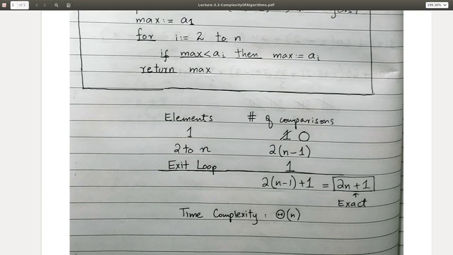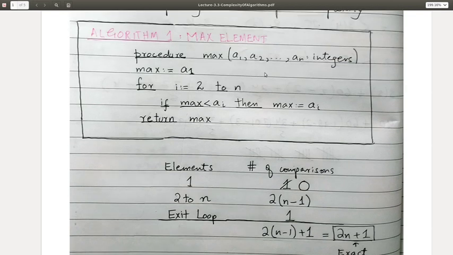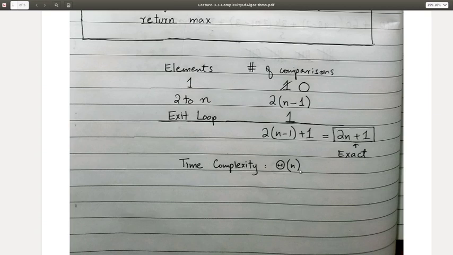Does that make sense? And because this is a linear function, the complexity of this function is of course theta of n. So we say that the time complexity of this algorithm is theta n.